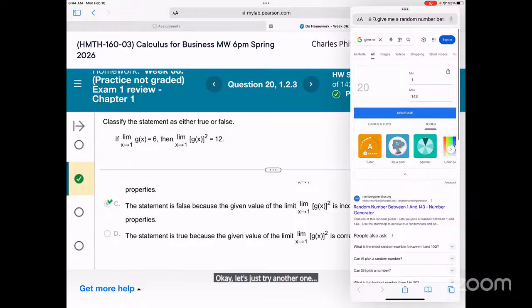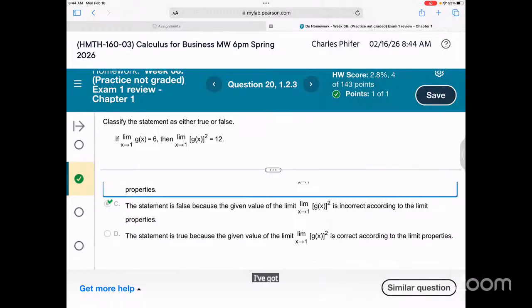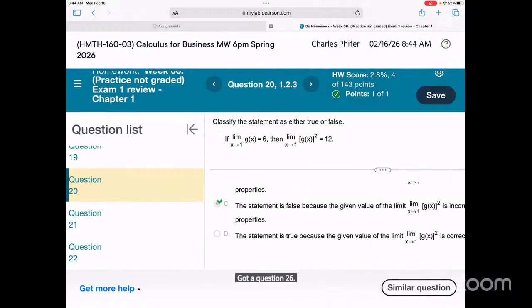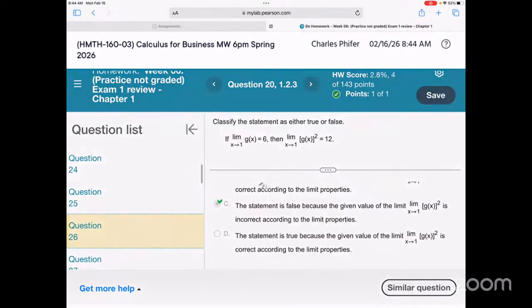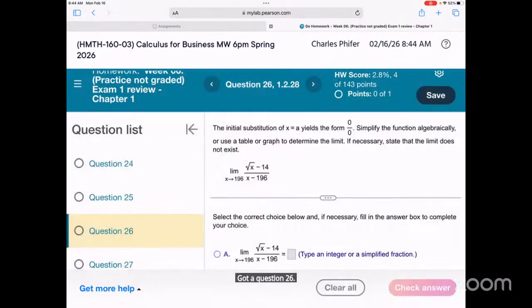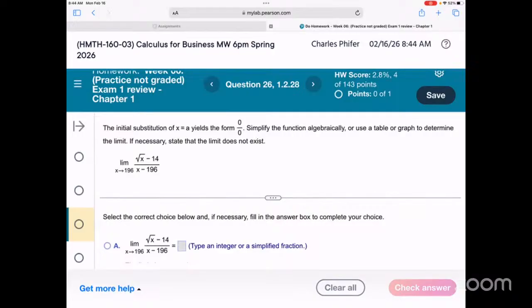Go to question 26. This comes from section 1.2, question 28. The initial substitution yields this. Simplify it.